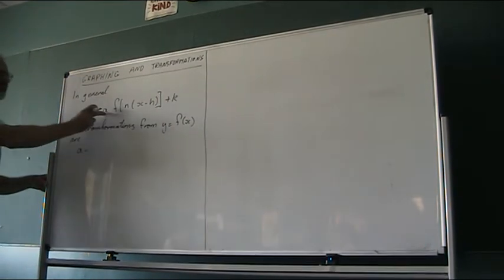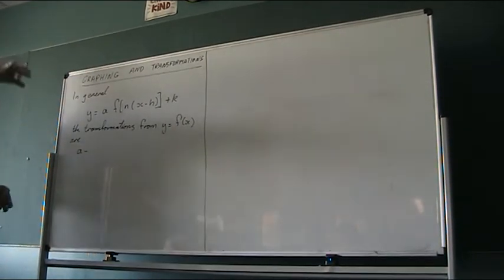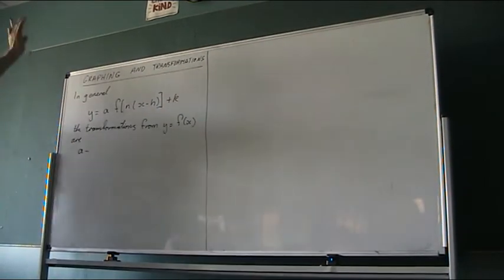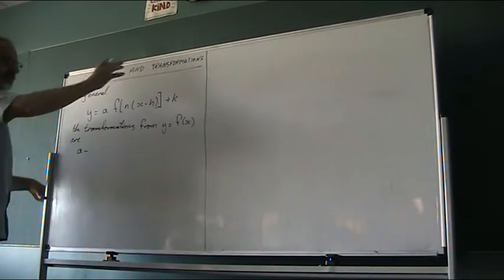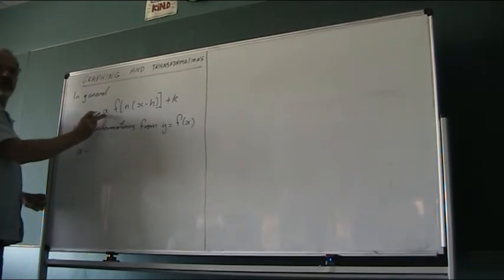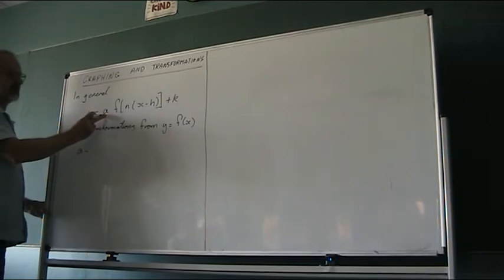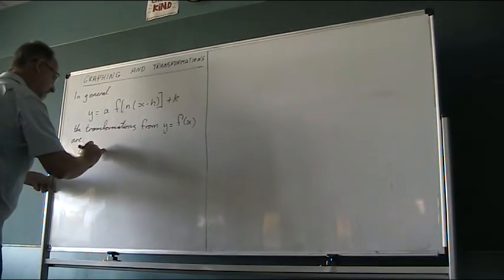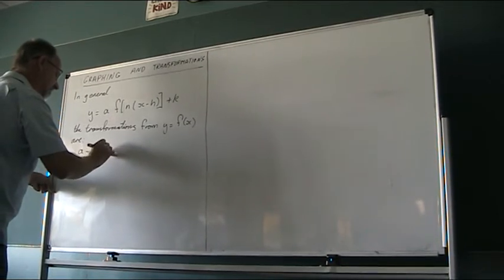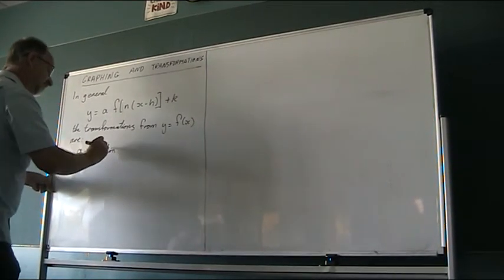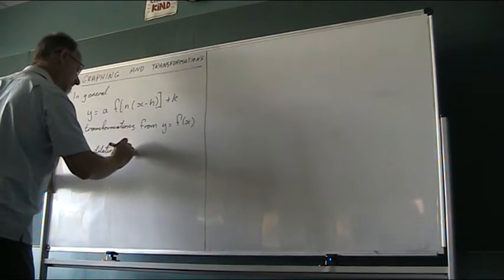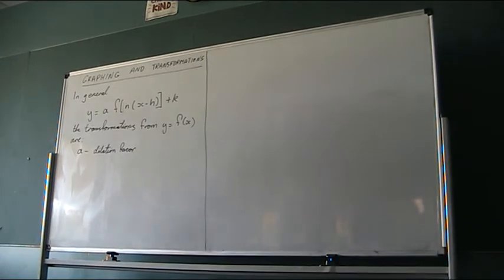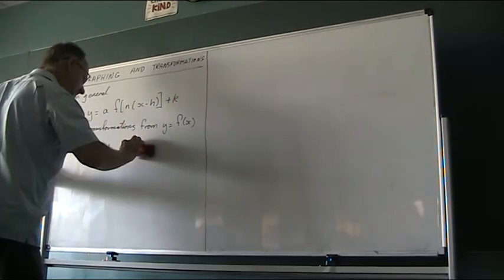So the a out the front here, so you've done your function thing, whatever that might be. It might be squaring, cubing, whatever it is. You've done that first, then you multiply it by some number that then makes the y bigger, so that's a dilation factor a from the x-axis.